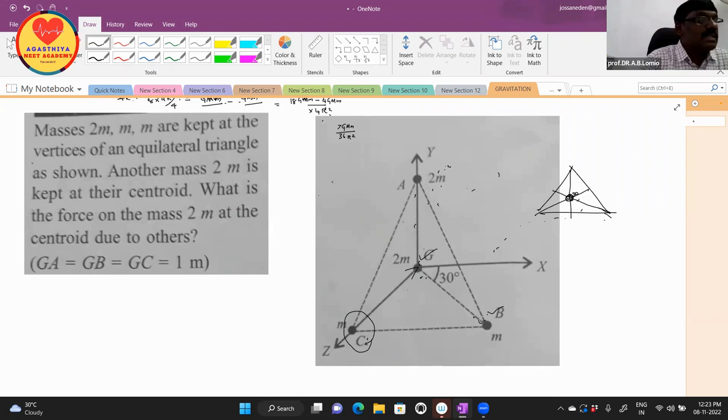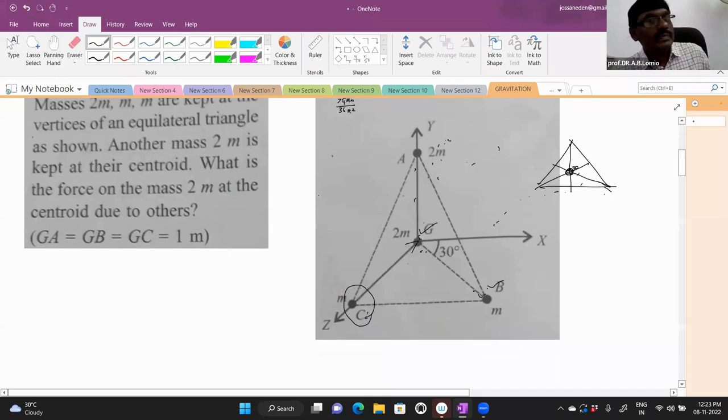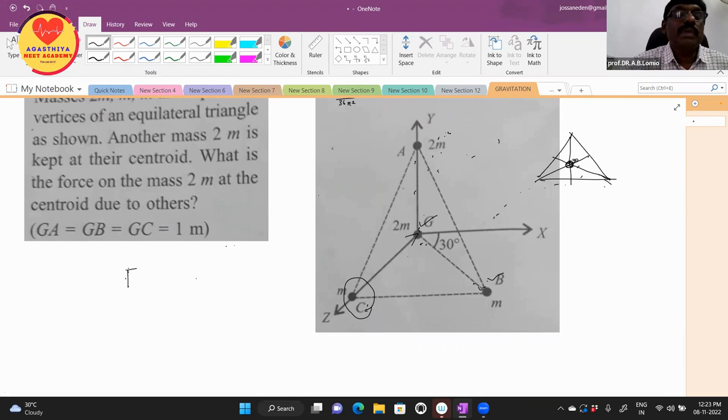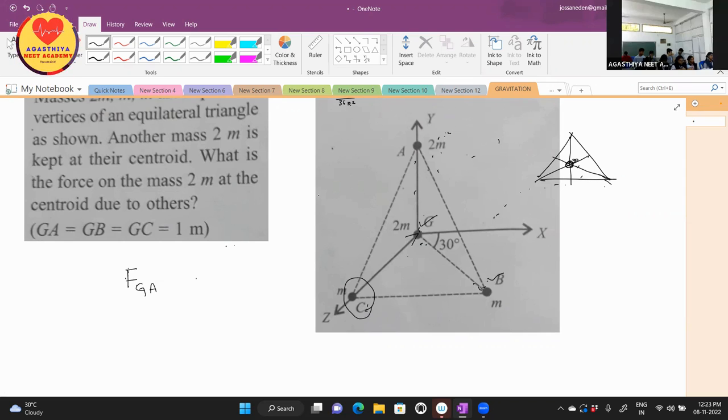Now let us take them one by one. Let us consider the mass placed at A. The force between A and G. Apply Newton's law of gravitational force.